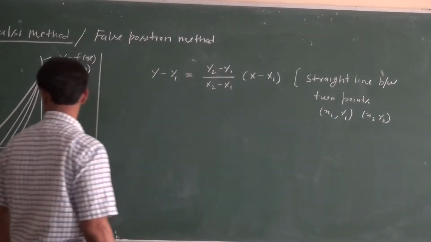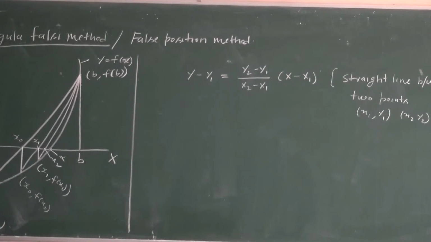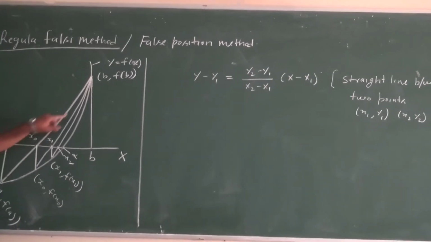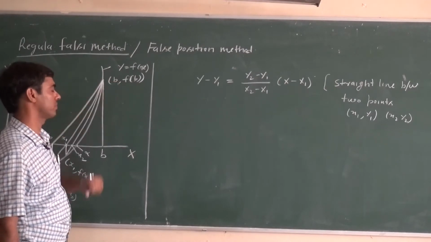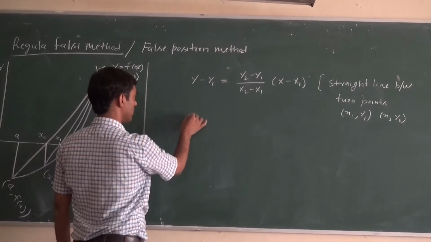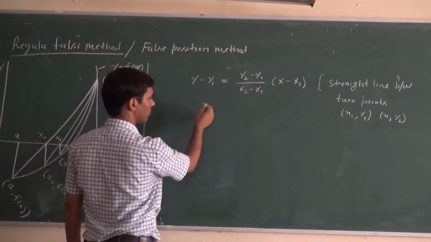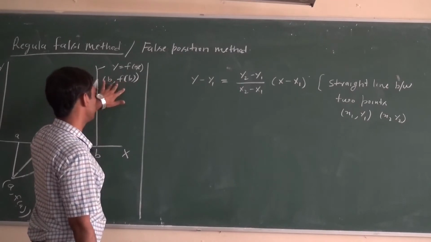Now here suppose a is x1 and f(a) is y1, b is x2 and f(b) is y2. So here we put the values, x1, y1 as a, f(a) and x2, y2 as b, f(b).